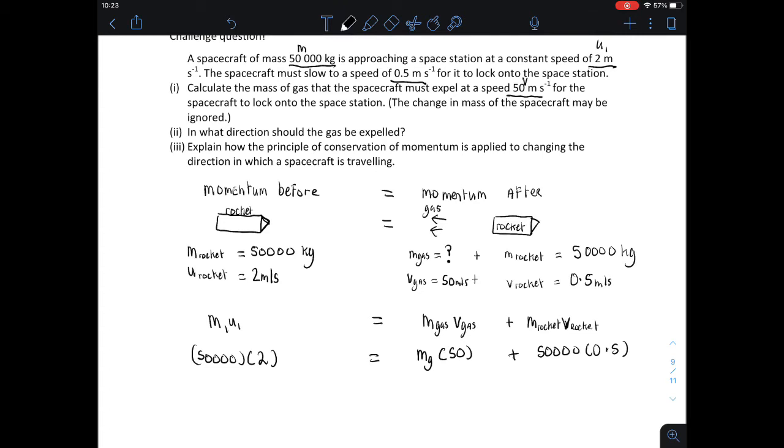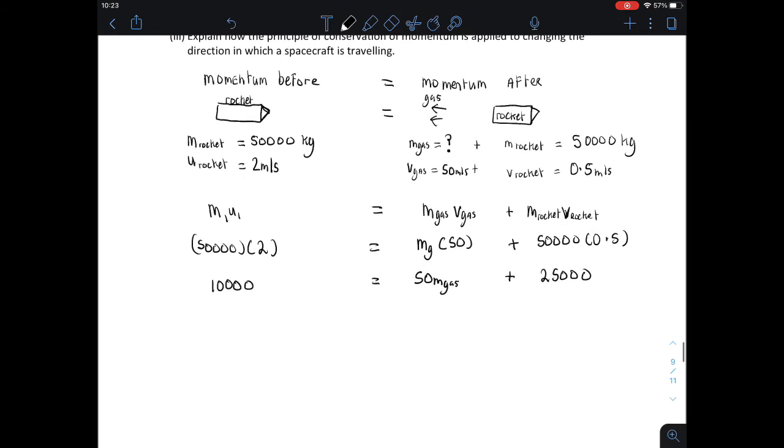From here, we're going to expand our brackets and solve for our unknown letter m. So 50,000 times 2 gives us 100,000, which is equal to mg times 50, which gives us 50 times the mass of the gas, plus 50,000 times 0.5 gives us 25,000. Okay, so we want to solve for m. That means we want m on one side of the equation and everything else on the other. So I'm going to move the 25,000 to the other side of the equation.